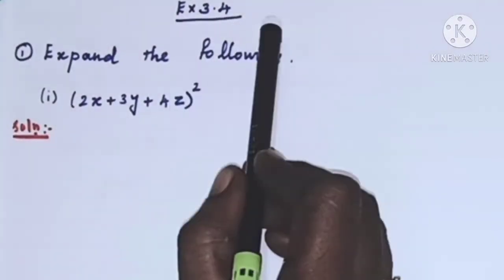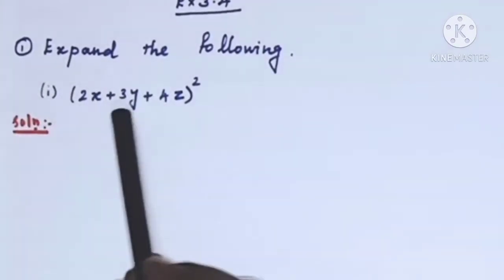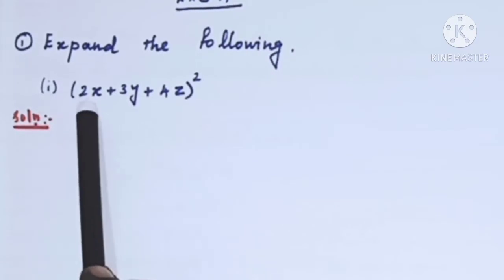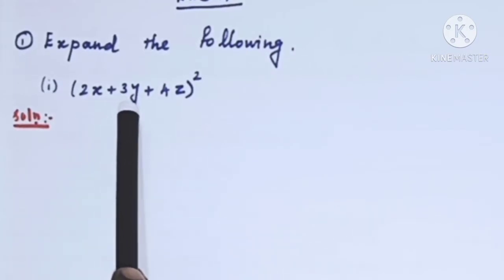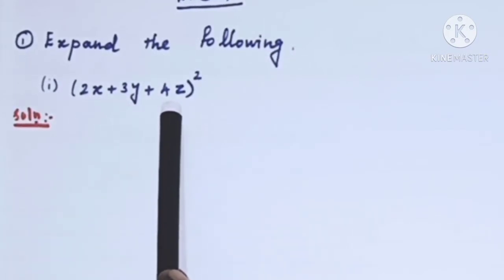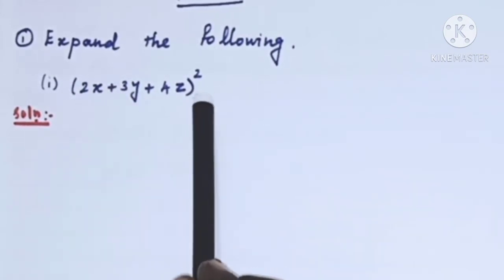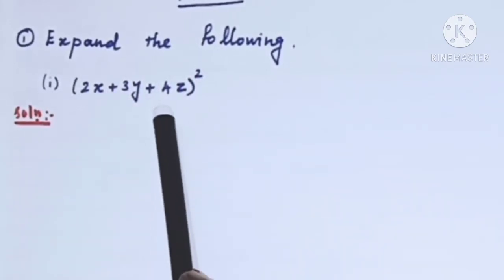Exercise 3.4, first sum. Expand the following. First subdivision is (2x plus 3y plus 4z) the whole square. We have to expand this algebraic expression.